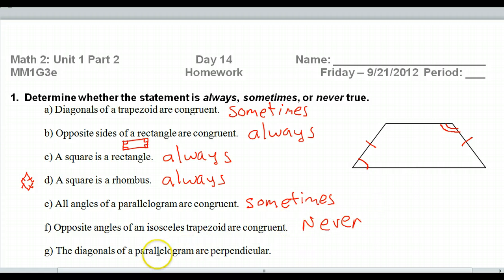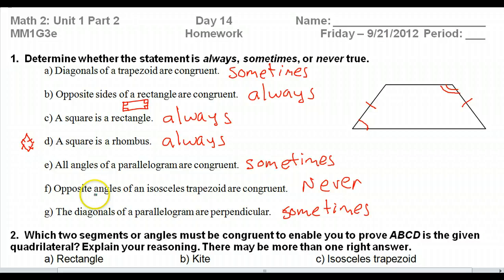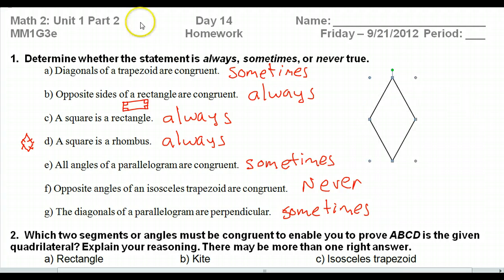Diagonals of a parallelogram are perpendicular. That's going to be sometimes. Okay, do you know any shapes that have the property of having perpendicular diagonals? I can think of 2 shapes that have that property.